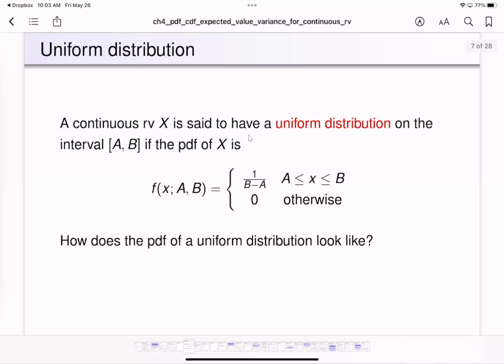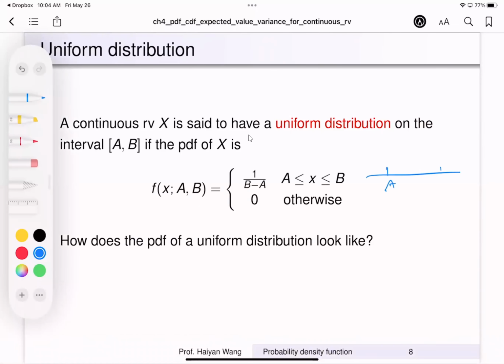For a variable to be uniformly distributed on the interval between A and B, the PDF is given by a constant on this interval. Basically, if you consider the interval A and B, inside of here has to be a constant. In order to be constant, when we integrate over this entire range, it is equal to 1.